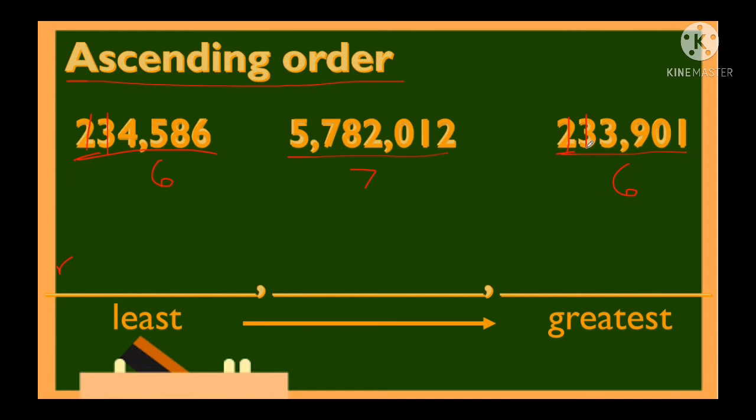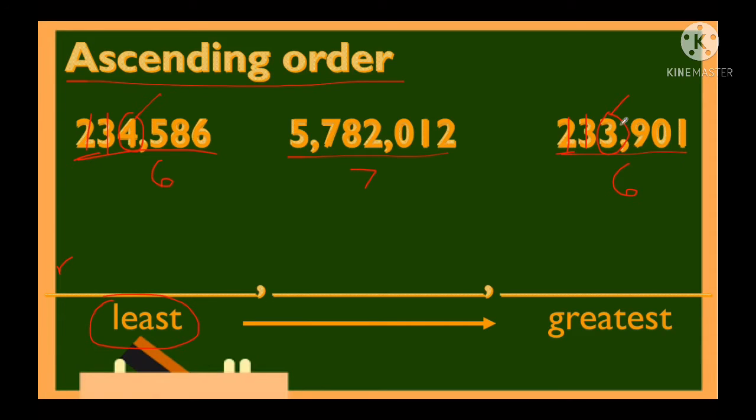Oh, they are again the same. So we will just move again to the other numbers. 4 and 3. For this time, they are not the same. Remember, we are finding the least. So we need to compare which of these two digits, 4 and 3, is lesser or smaller. Which is lesser, 4 or 3?